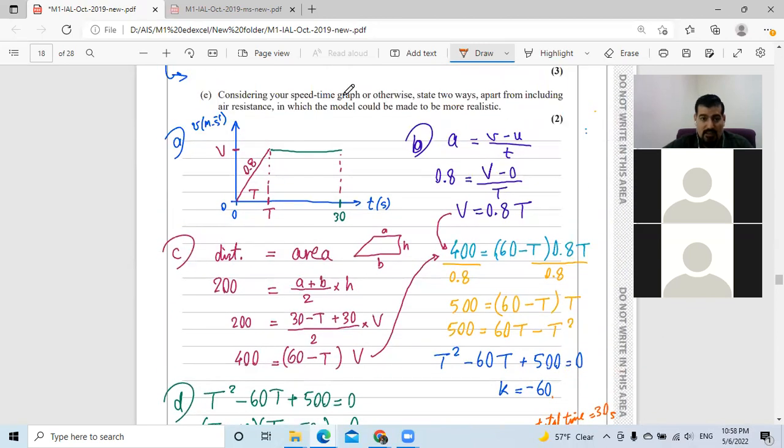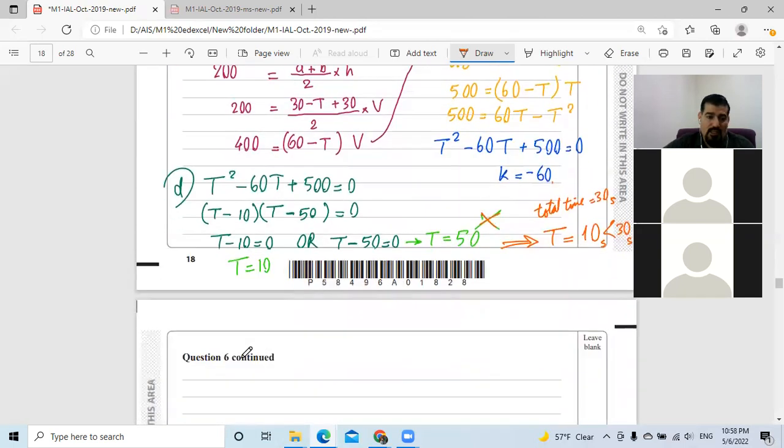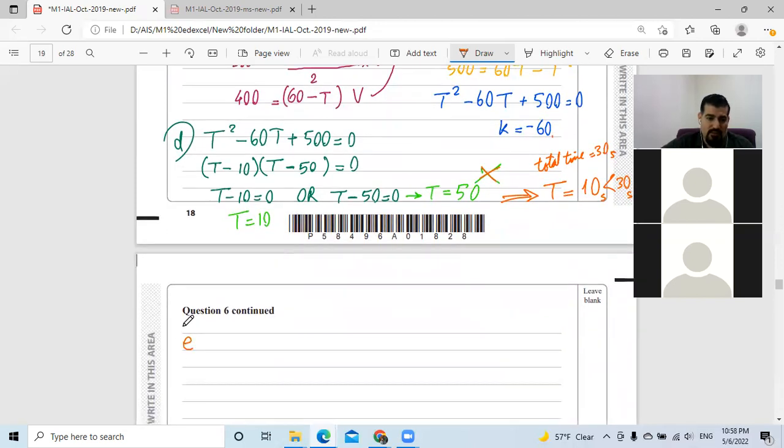But here we are drawing these with straight lines, so we assume there is no air resistance. So if there is air resistance, the acceleration cannot be constant.